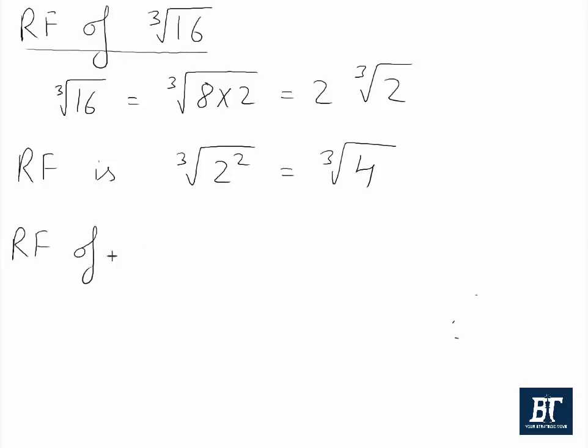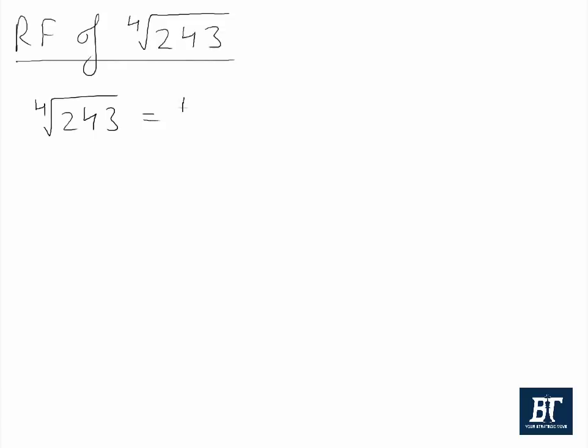Rationalizing factor of fourth root of 2 is, so do you realize, fourth root of 2, so you need 2 to the power 4 so that the root completely goes away, so you need 3 more 2's. So when you multiply these two, you get 2. So rationalizing factor of fourth root of 2 is fourth root of 2 cube.